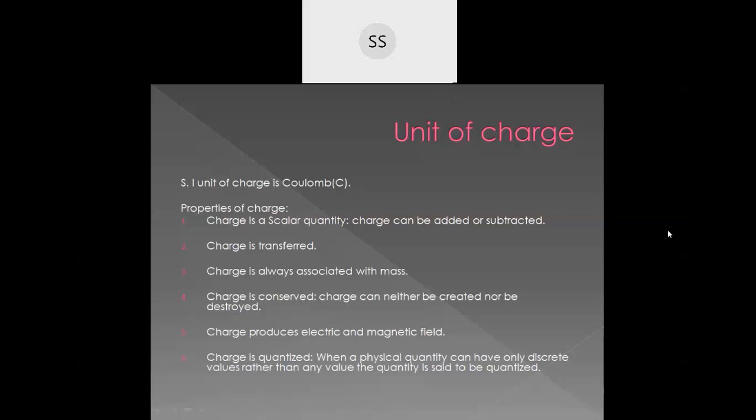What is scalar quantity? All of you are 12 plus, right? Then why don't you know what scalar quantity means? No one is responding. What is this?